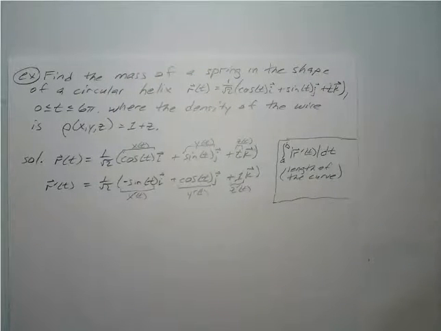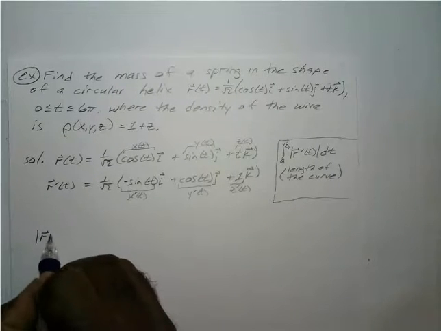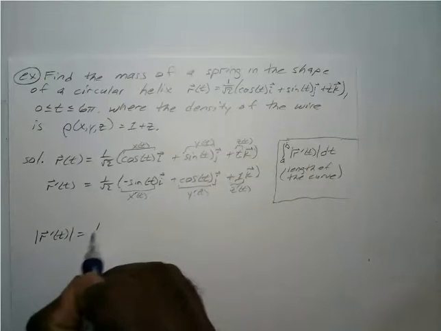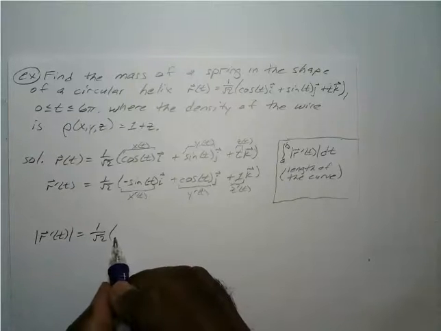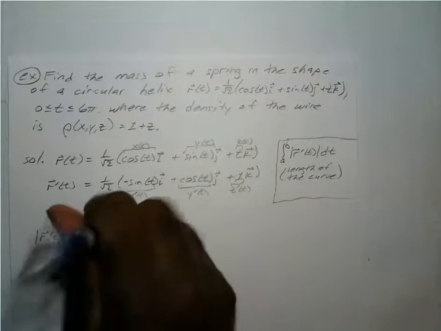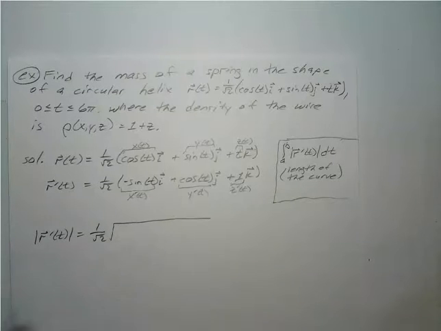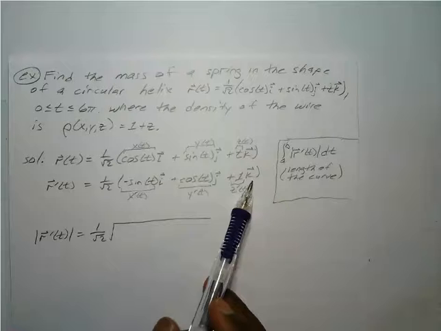All right. So once you have that, you have to find the magnitude of our derivative, which is 1 over square root of 2 times the square root of x prime of t, y prime of t, z prime of t.